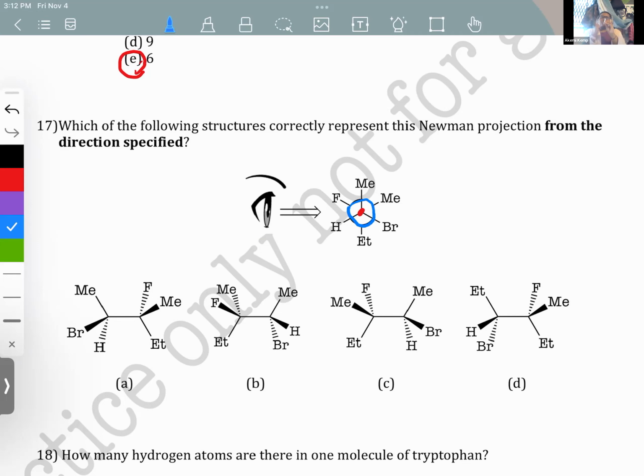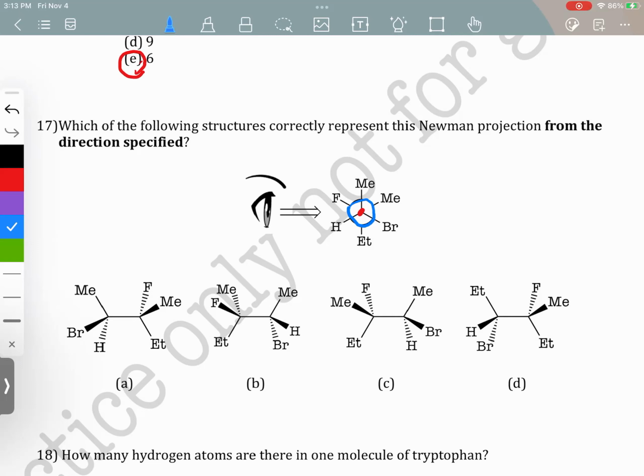Now the eyeball is looking this way, right? So where do you think the first carbon is going to be, on the left or on the right? The tip is the first carbon, the back is the second carbon. The eyeball is here. If I turn it sideways to where the eyeball is viewing, where does the first carbon end up?